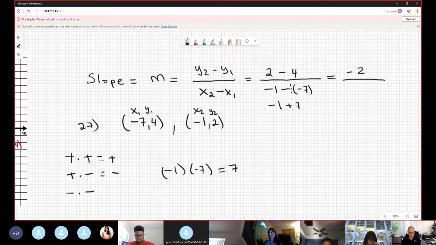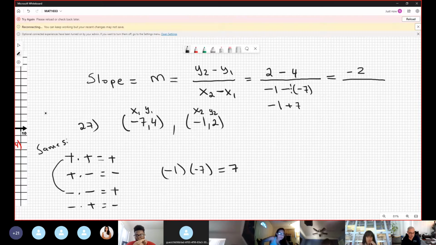Negative times negative is positive. And negative times positive is negative. So that's too easy to remember: when you have the same sign, plus or minus, same signs, it's positive. So then it becomes positive.